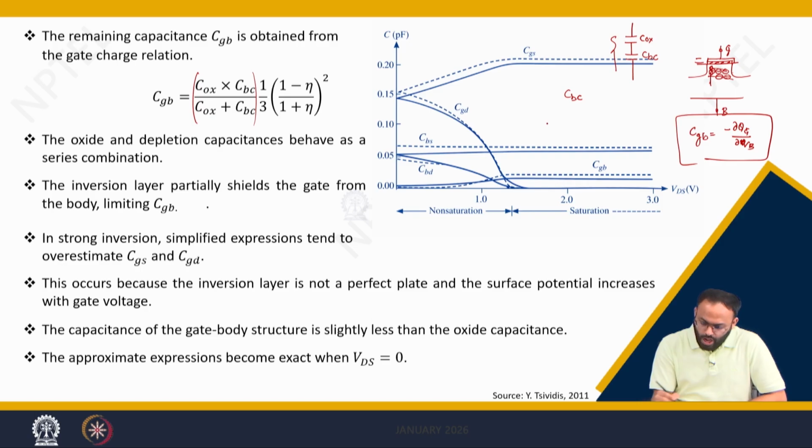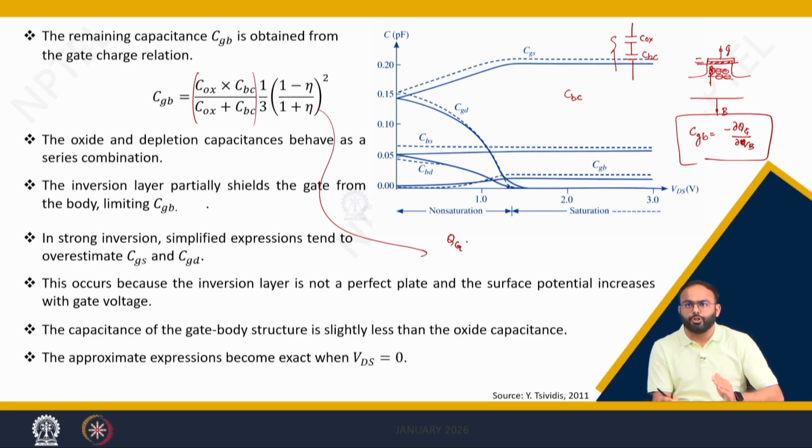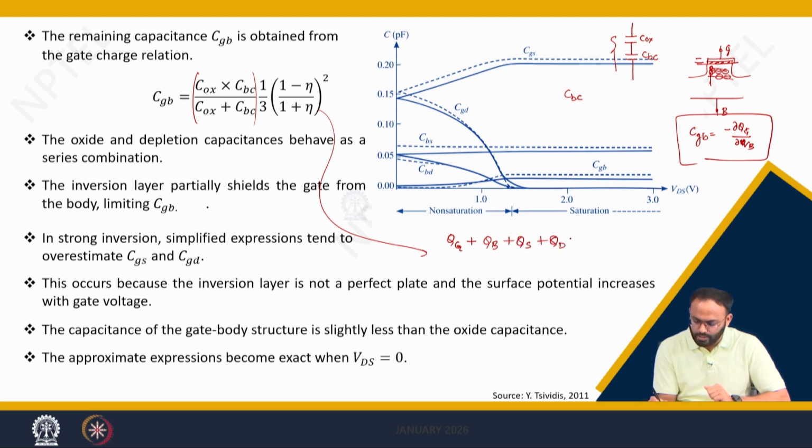So how can we calculate this? By using the charge neutrality expression, meaning QG plus QB plus QS plus QD equals 0, right? This is the charge balance equation, out of which QG equals minus QB minus QS minus QD.